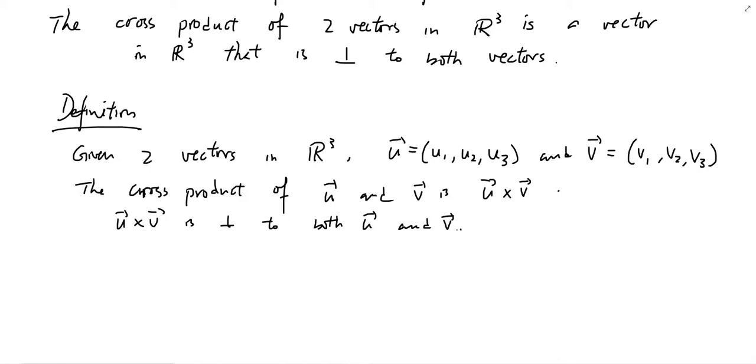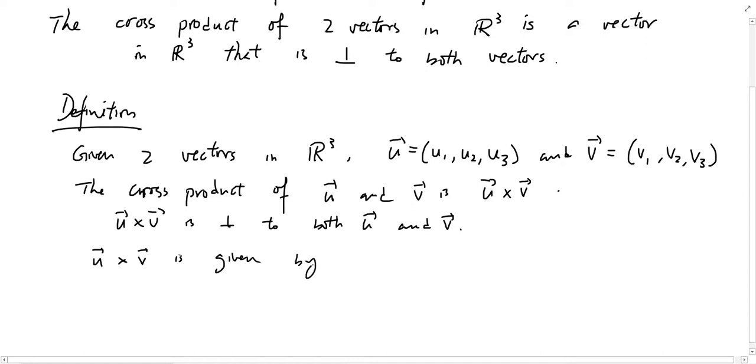Now, how do you calculate u cross v? U cross v is given by the following formula. U cross v is equal to, because u cross v is a vector in R3, I'm actually defining three separate formulas. The first is u2v3 minus v2u3.